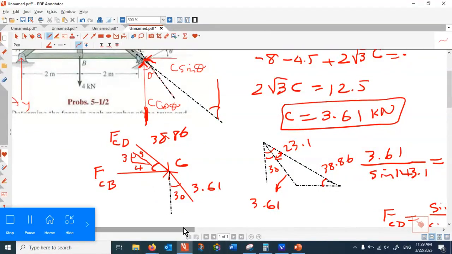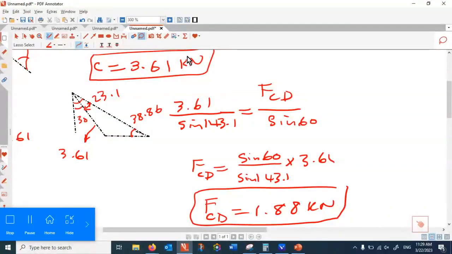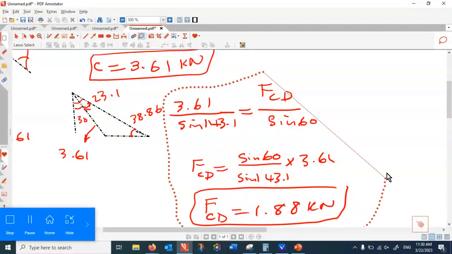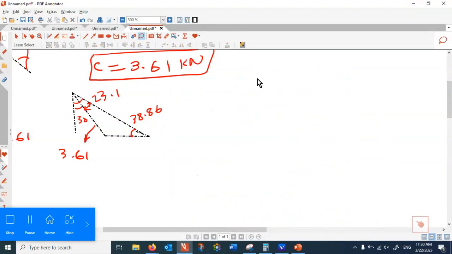So let me clean that portion here. I have to redo it. I think I was wrong. So I'm drawing that triangle larger here.